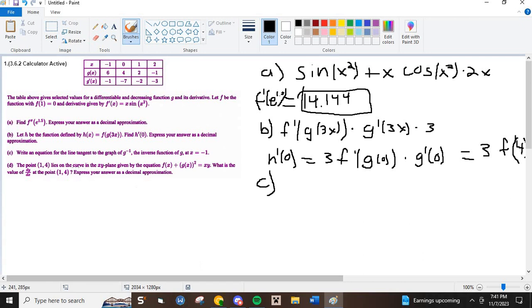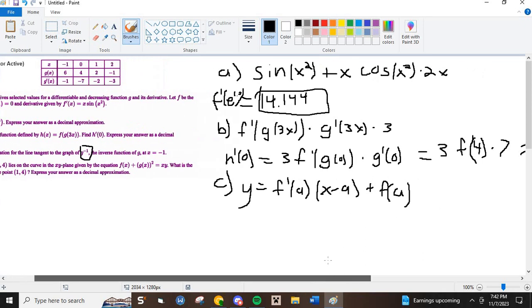And for 1c, they want you to write the equation of a tangent line to g inverse. So remember that the equation of a tangent line is just y equals f prime of a times x minus a plus f of a.